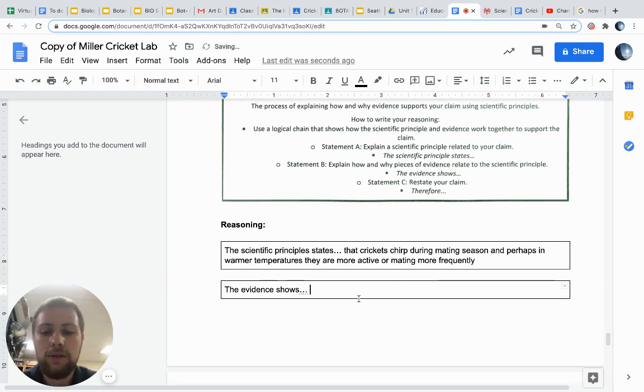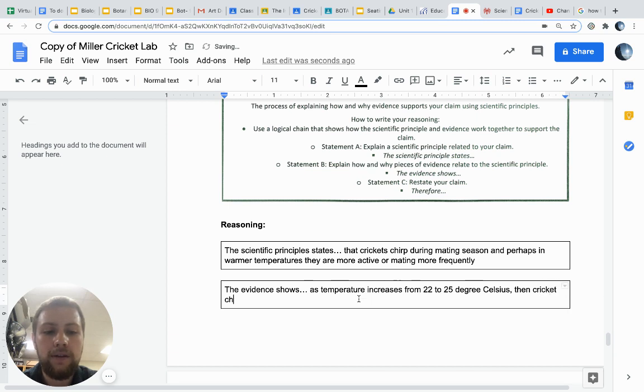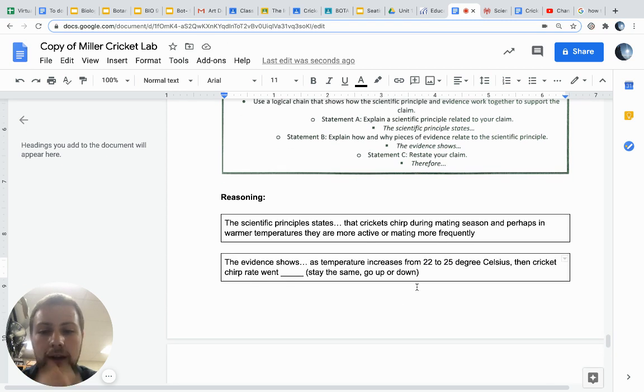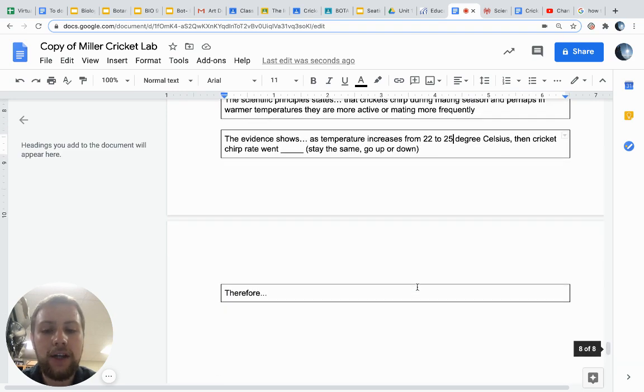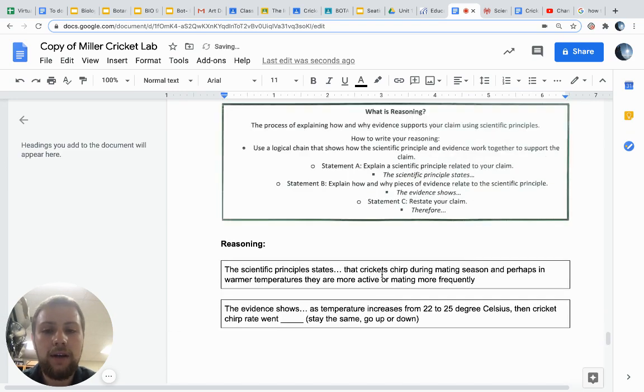Now, our evidence shows perhaps as temperature increases from 22 to 25 degrees Celsius, then cricket chirp rate went blank. Did it stay the same, go up, or go down? Pick one and use your own data points for this, whatever data you chose to use. We want actual data there. Make sure you have actual data, and therefore restate your claim.